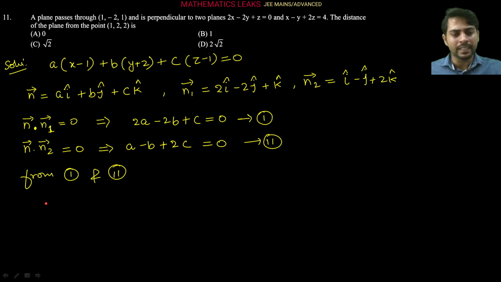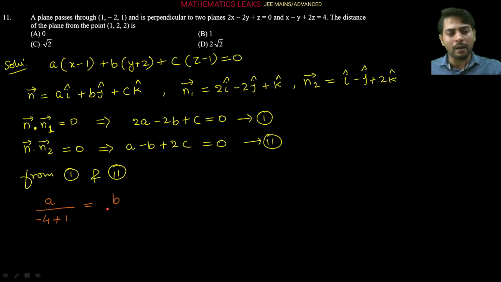Now we can compare A upon, forgetting the A terms, we take the product of the coefficient of B from the first equation and the coefficient of C in the second equation. So the coefficient of B in the first equation is minus 2 and the coefficient of C is 2, so minus 2 into 2 is minus 4, and then the minus sign. Now the coefficient of B from the second equation with the coefficient of C in the first: minus 1 into plus 1 is minus 1, so minus minus is plus 1.